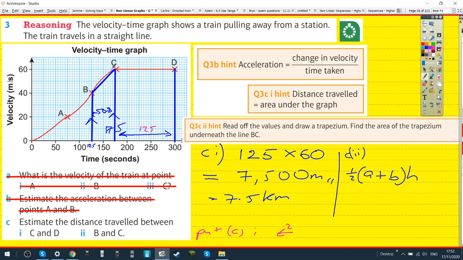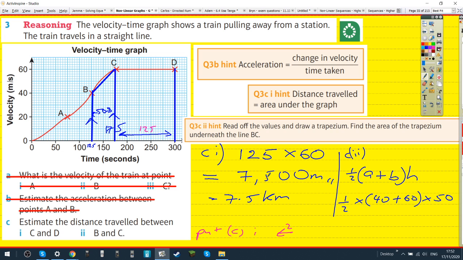So what are the lengths of the two parallel sides? So for B it's 40, for C it's 60. Yeah, and the height is 50 because that's perpendicular. So that's what you have to work out.